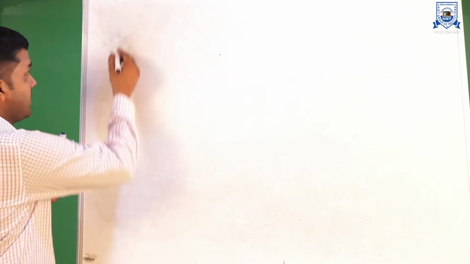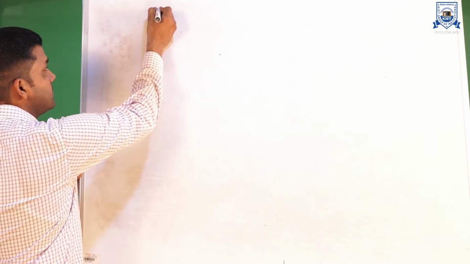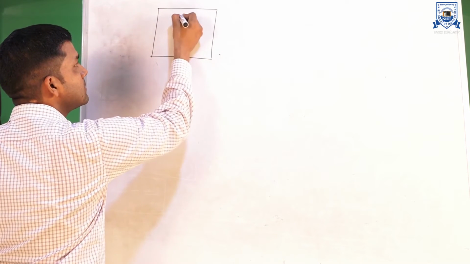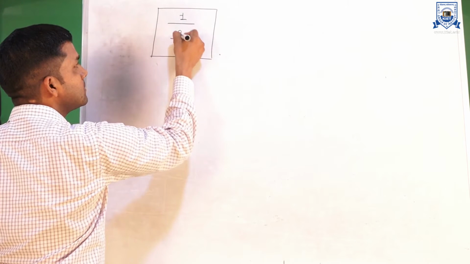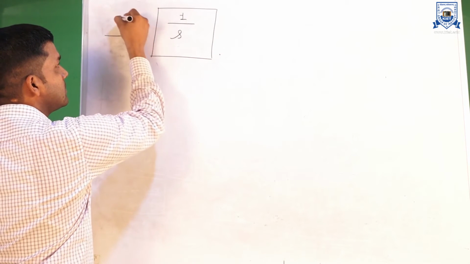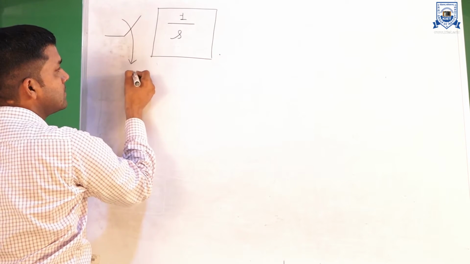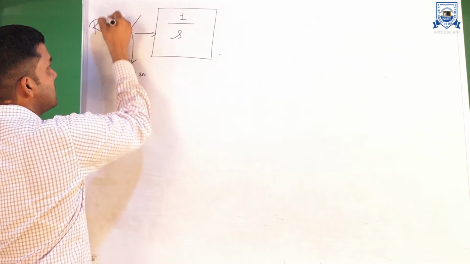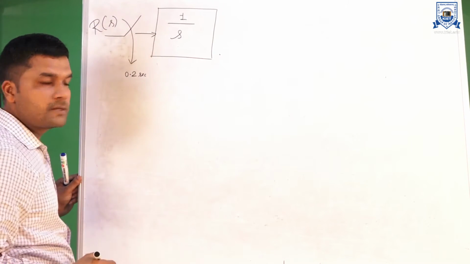In this lecture, we will see how to analyze a control system when a zero order hold is appearing in the control system. So, if we have a problem, R(s) is the reference input.